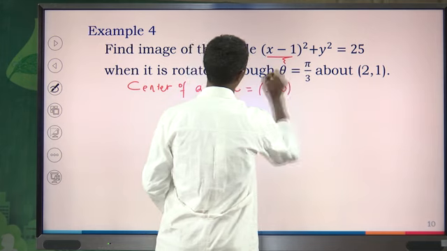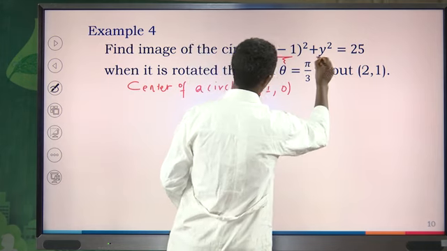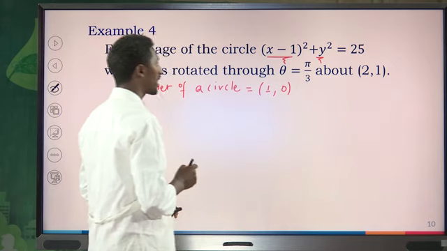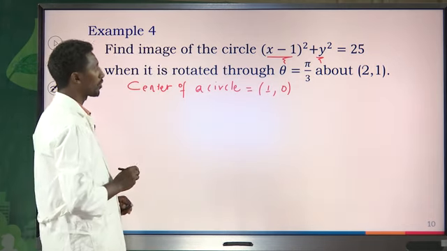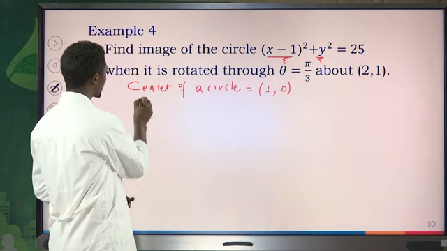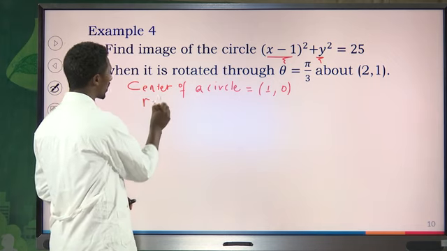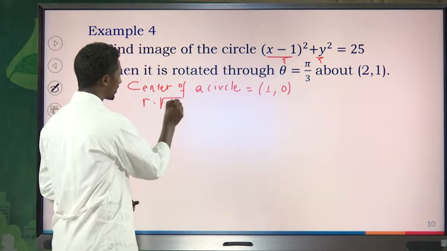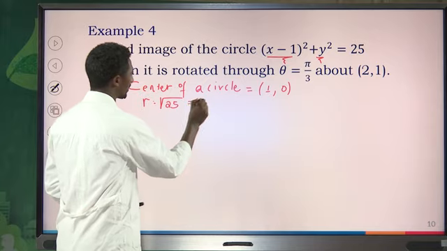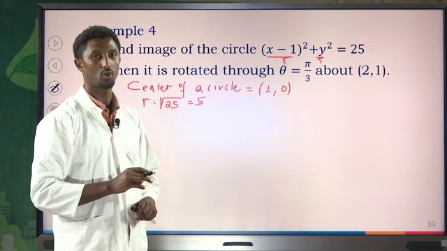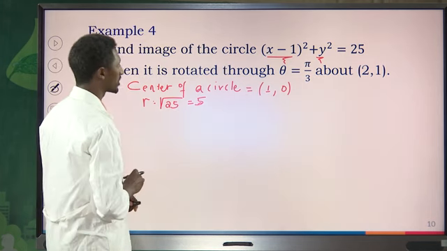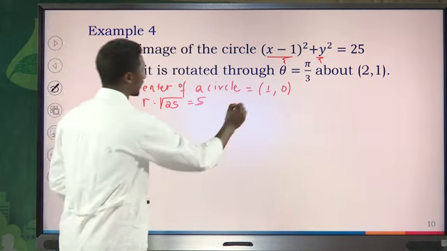The center of this circle equals (1, 0). Here it is (x minus 1) whole squared plus y squared equals 25. So the center of the circle is (1, 0), and the radius equals the square root of 25, that is 5. So it's enough to find the image of the center of the circle (1, 0) when it is rotated through theta.